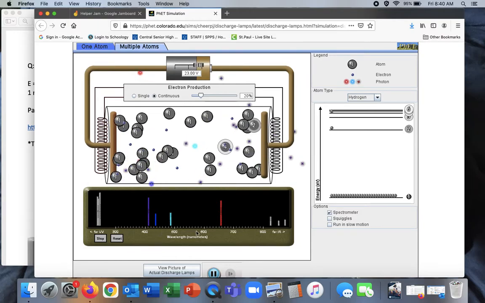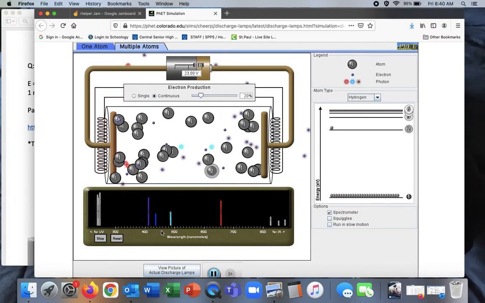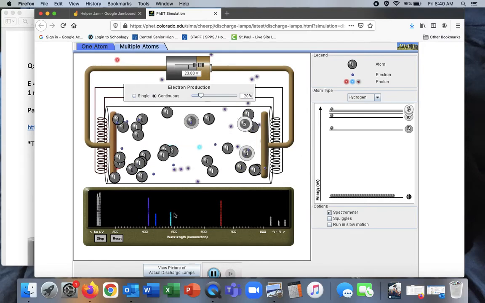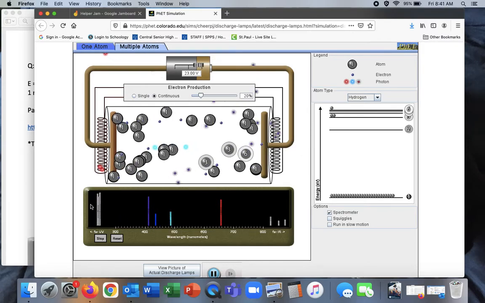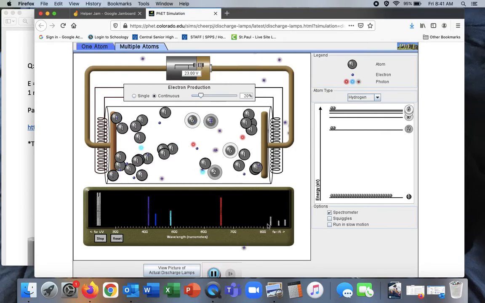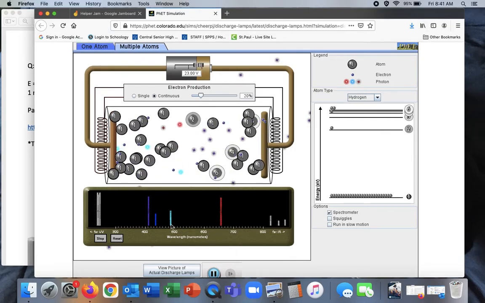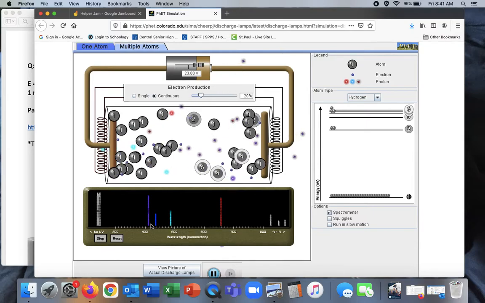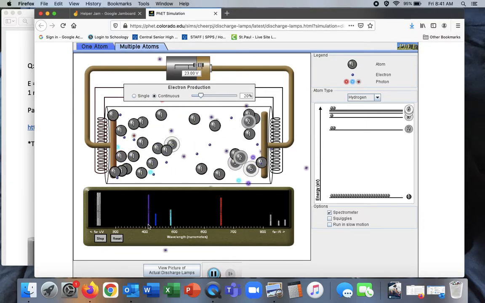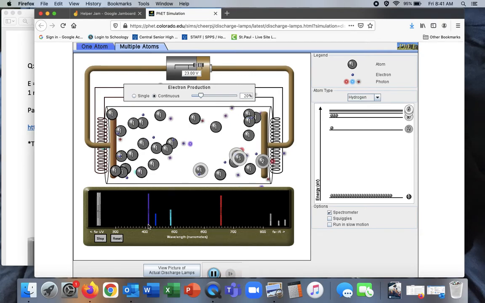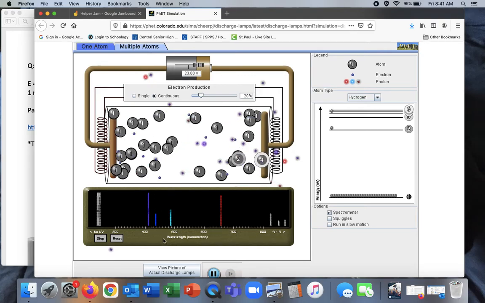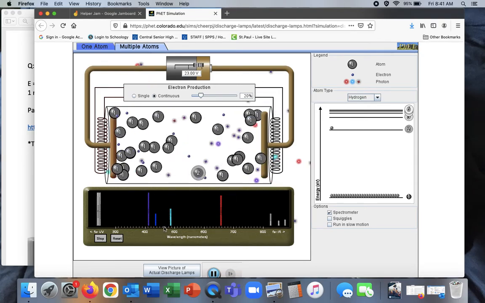So if we look at the spectrometer down here, we'll see that we're getting colored dots. UV isn't a color, so that's why it's gray. Infrared isn't a color, so that's why it's gray. But we see we get red, this sort of bluish green, blue, and purple. If you were to see this in person, these would just be tall bars, consistently tall bars.